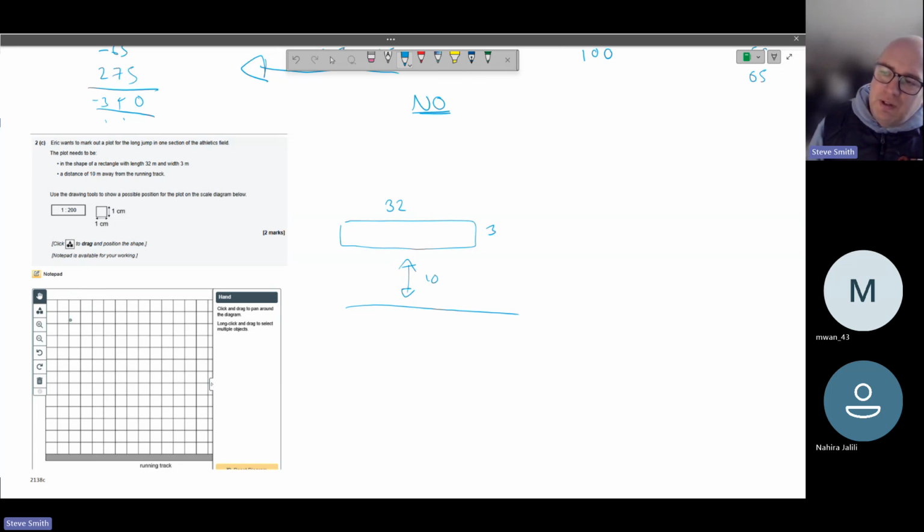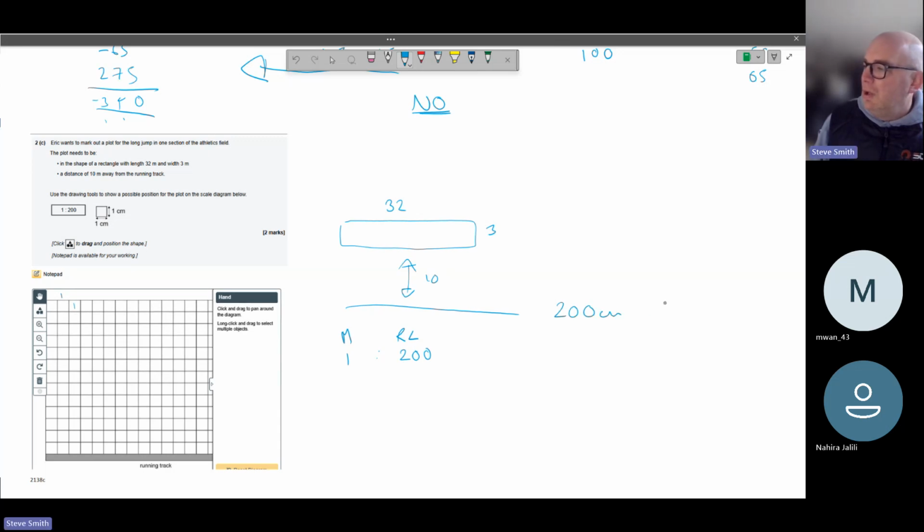It's saying on this here, each square is 1 by 1. So that's quite straightforward. We can see that's 1 by 1. But it's saying on the map, 1 centimeter, in real life, it's saying that's 200 centimeters.